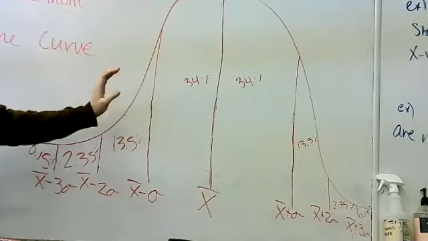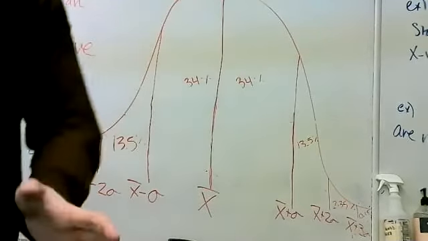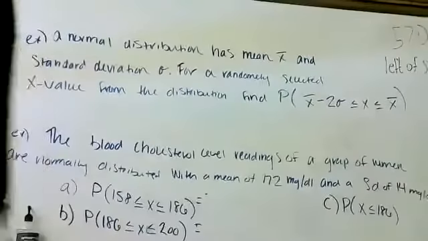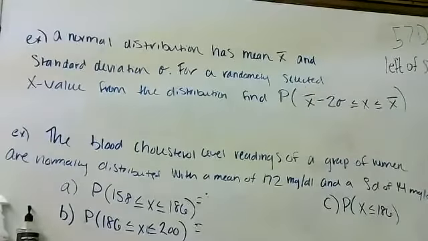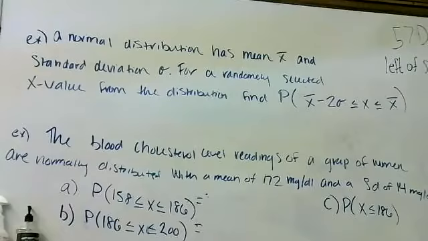Okay, let's do a little example along with it. So I'm going to move you guys. Let's go to this first example in blue. This example is a normal distribution with mean of X bar and standard deviation of sigma. All that's saying is that you're using the notation of X bar and lowercase sigma.